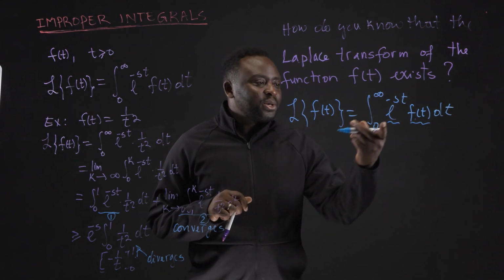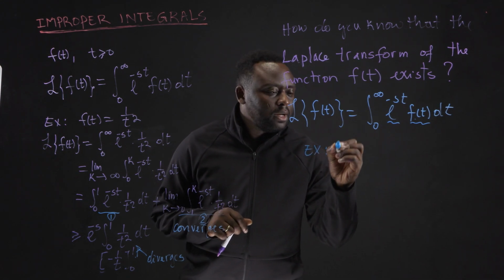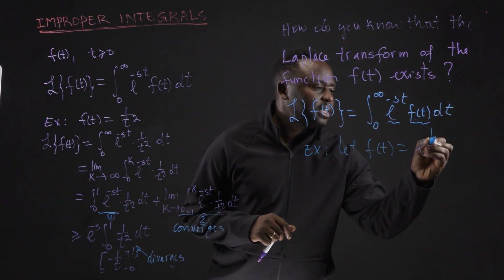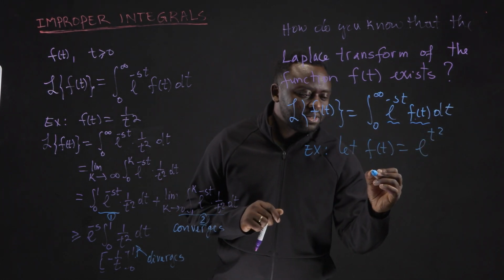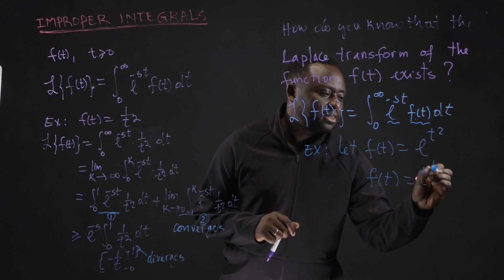All right, to illustrate this, let me give you some examples. Let f of t be e to the power t squared. This is the first one. For the second one, you take f of t equal to t to the power t.